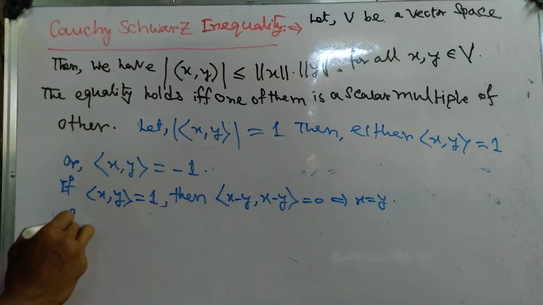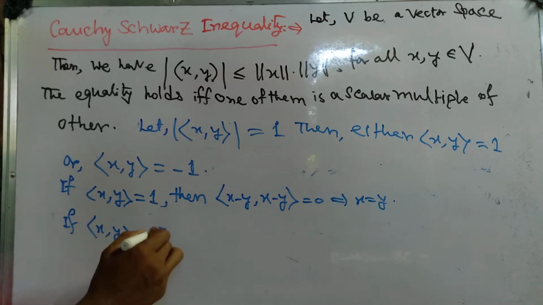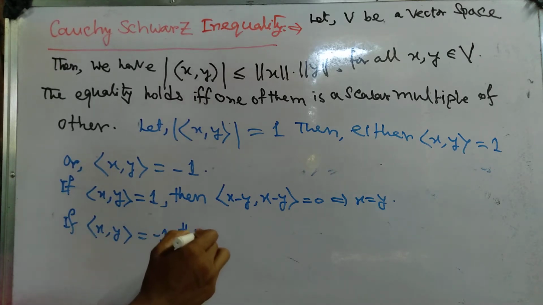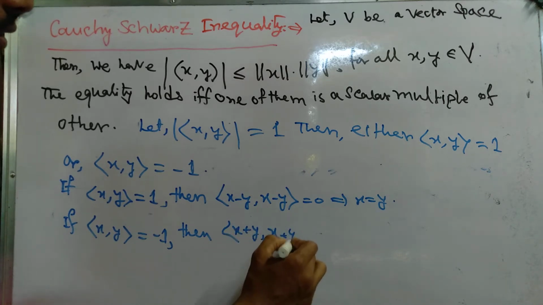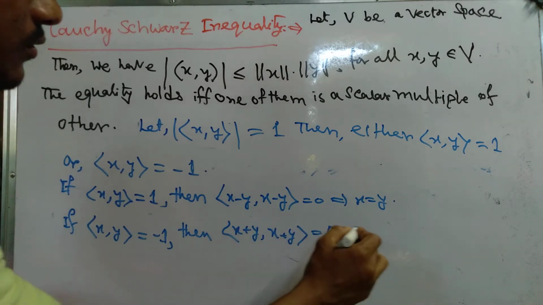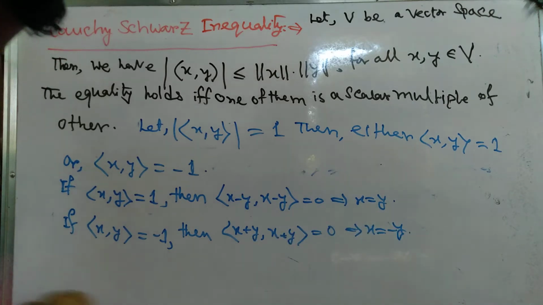And if the inner product of x and y equals -1, then x plus y equals 0, which implies that x equals -y.